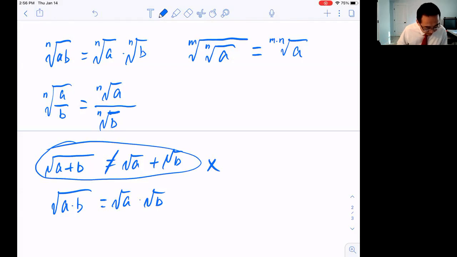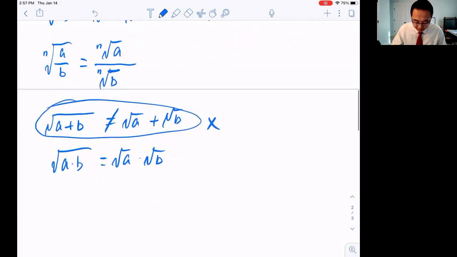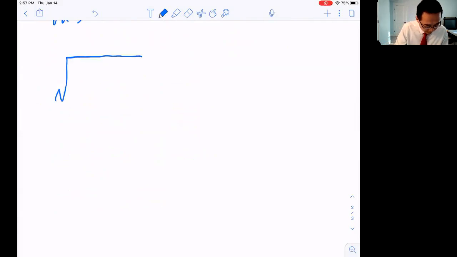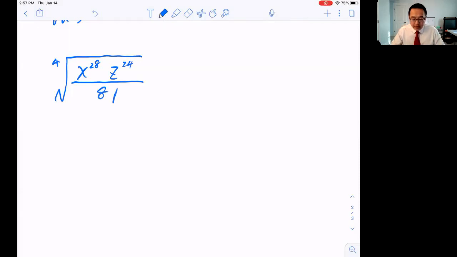So let's see if you can simplify. Let's say you have the fourth root of x raised to the 28th power times z to the 24th power, divided by 81. Can you simplify this?